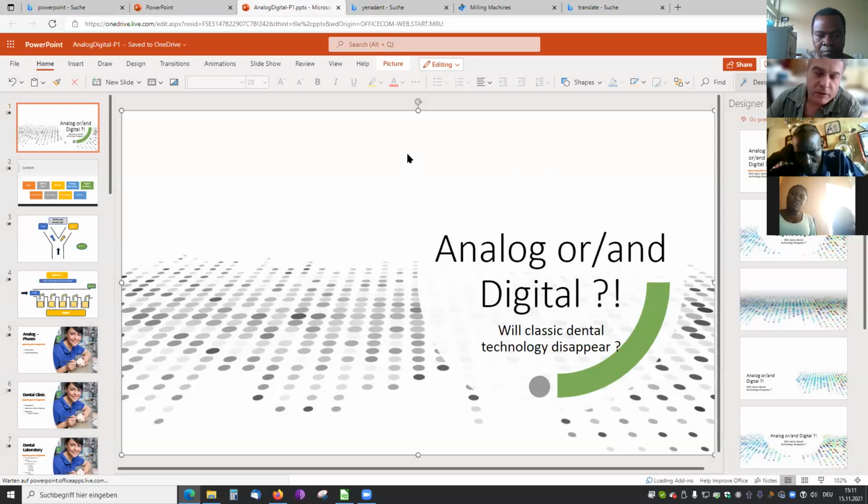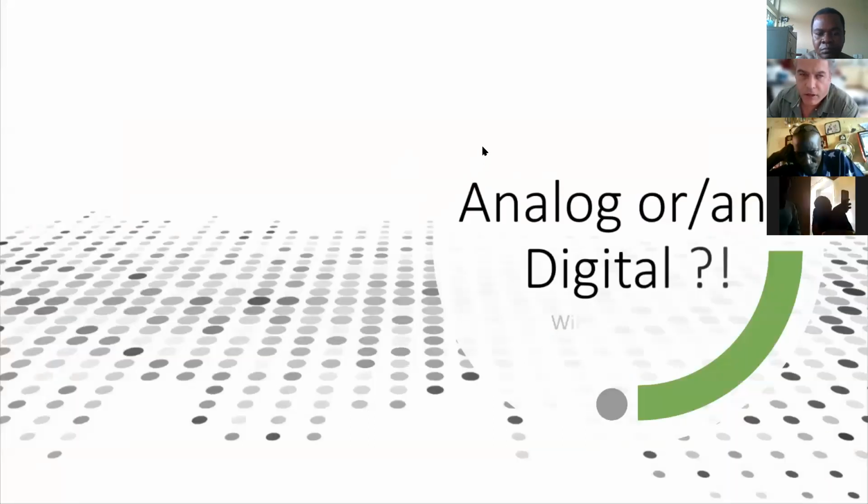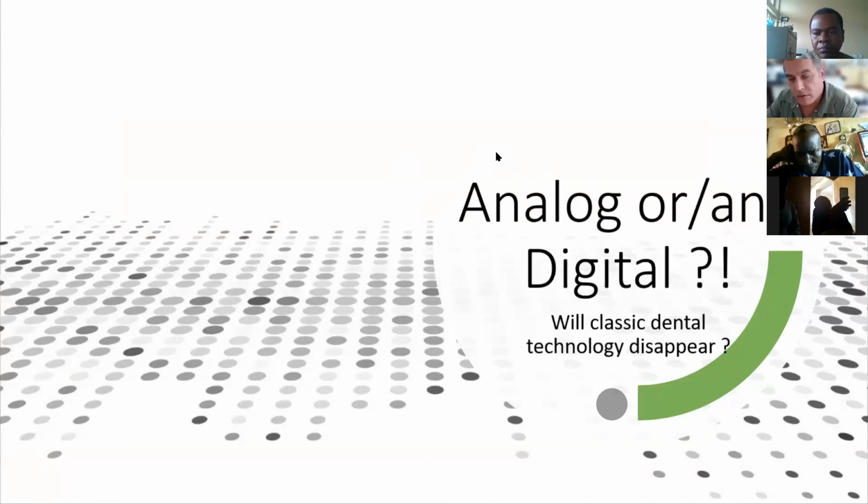So what I will try to show you today is an introduction and a small comparison between analog and digital, so we can see what the differences are, maybe whether there are differences, and how we can start.